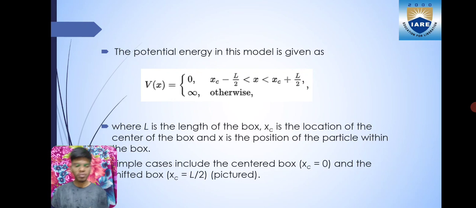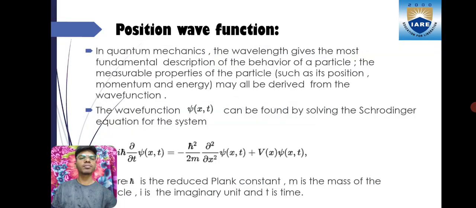Next, the wave function. In quantum mechanics, the wave function gives the most fundamental description of the behavior of a particle. The measurable properties of the particle, such as its position, momentum, and energy, may all be derived from the wave function.